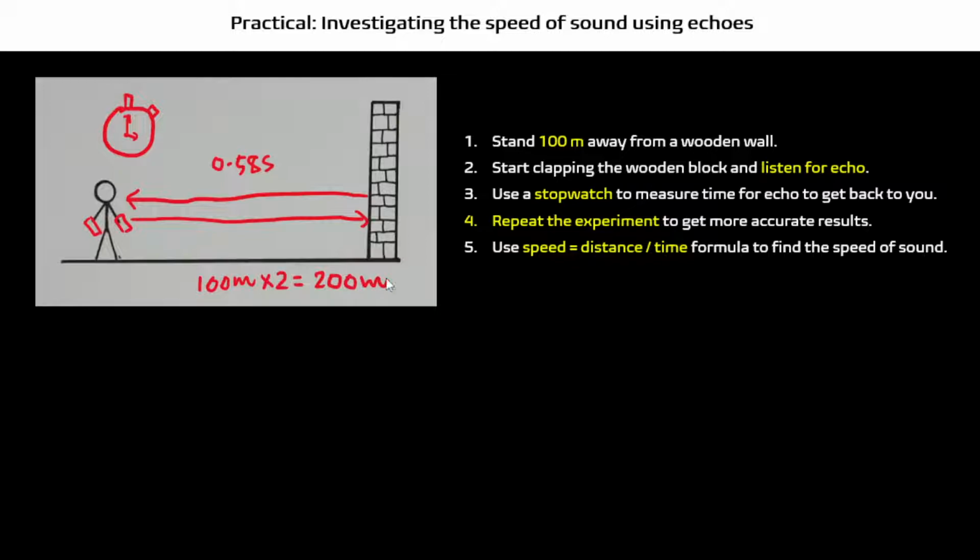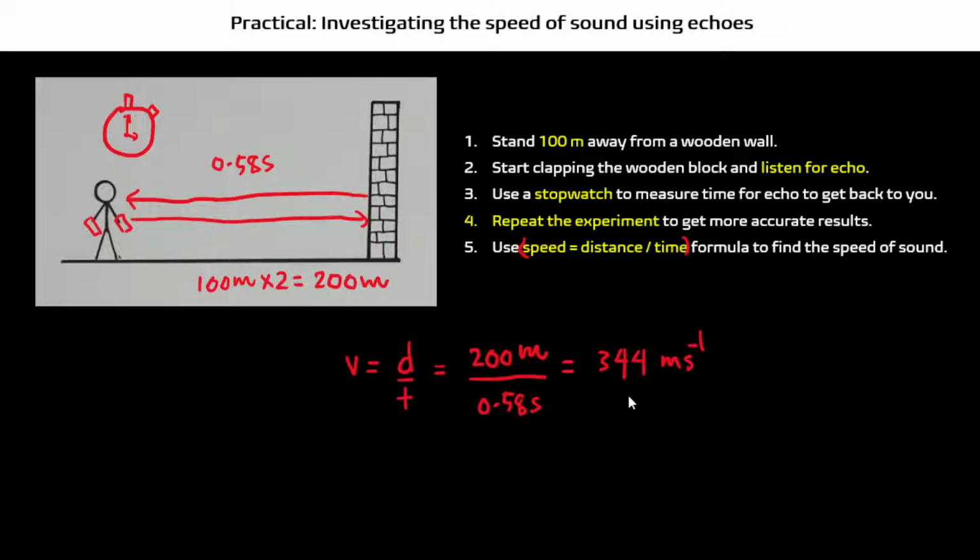What we can do is use a simple formula, which is v = d/t, to calculate the velocity or the speed of sound. Okay, so the total distance here is 200 meters and the time taken is 0.58 seconds, meaning that your velocity would be 344 meters per second.